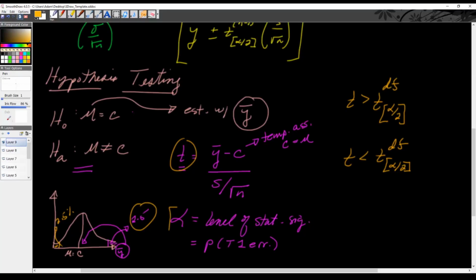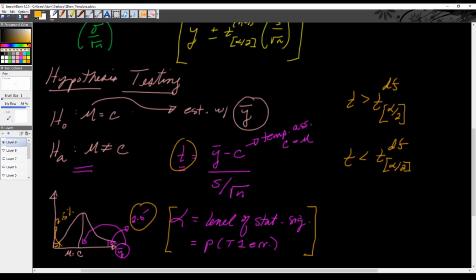Again, the level of significance tells us that when we reject the null hypothesis, we're still wrong 5% of the time. So if we want to be wrong only 1% of the time, we need to change alpha to 0.01 or 1%. A type 2 error is committed if we do not reject the null when it is false. So if we fail to reject a false null, we commit a type 2 error.